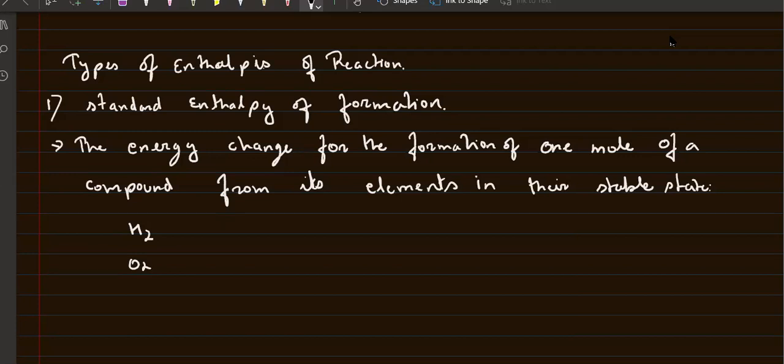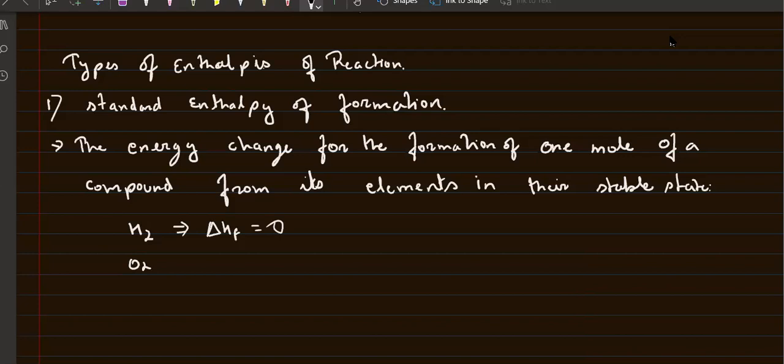Okay, everyone. So tell me, if H2 is the elemental state, its normal natural state, what will be the heat of formation of H2? Yes, very good.